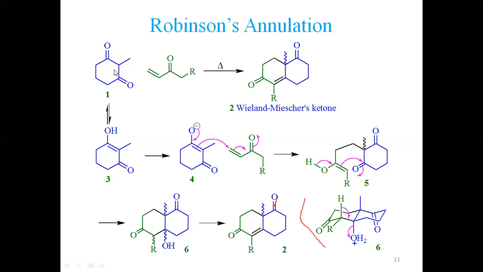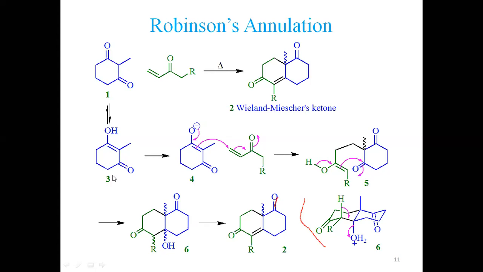When this substrate is taken, if you remember, it exists in this form more abundantly. Why? Because in this form, two double bonds are in conjugation. This 1,3-dicarbonyl system doesn't exist in this form. This is called the keto form, this is the enol form. The enol form is more stable.